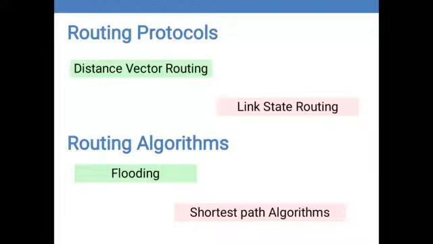In the shortest path algorithm, we again have three different algorithms: Dijkstra's, Bellman-Ford, and Floyd-Warshall. Among those three, we will mainly concentrate on Dijkstra's algorithm. In the next class, we will discuss these routing protocols and routing algorithms.